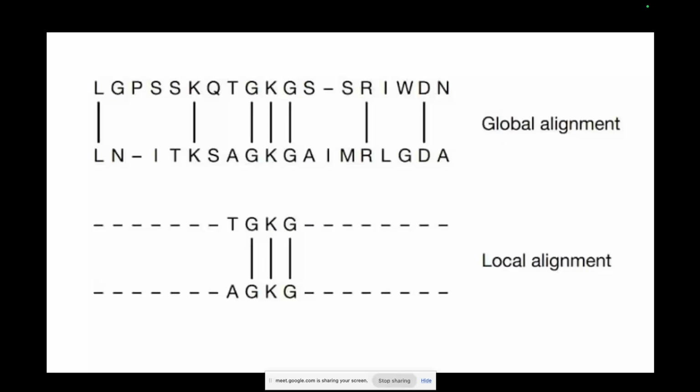But there's a small region inside the first and the second sequence which are very similar in nature, which is this part, these three base pairs which are one after another. And so if you just want to see what is the maximum similarity of a short sequence with respect to the longer one, local alignment works better.